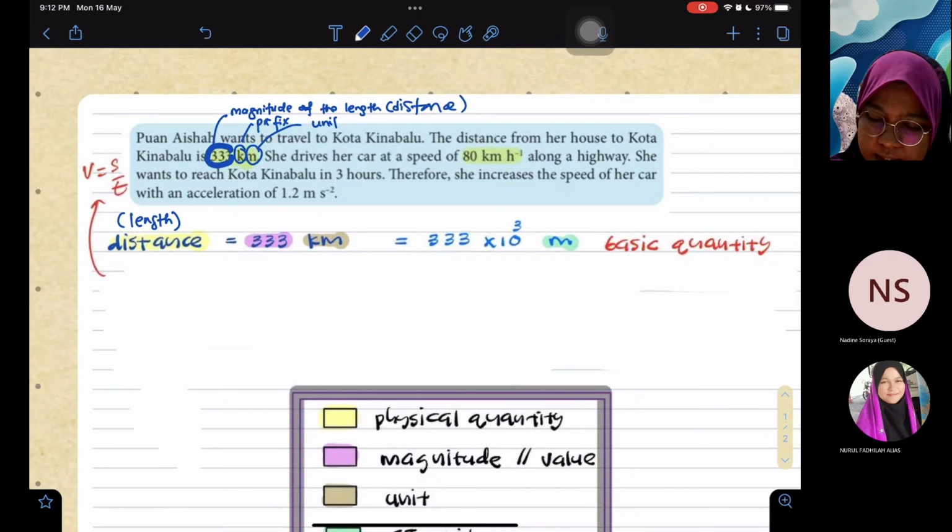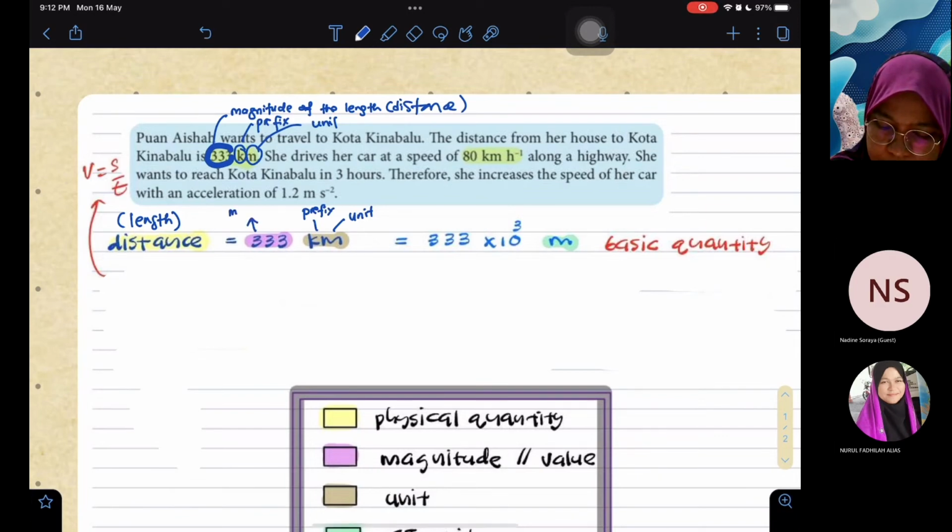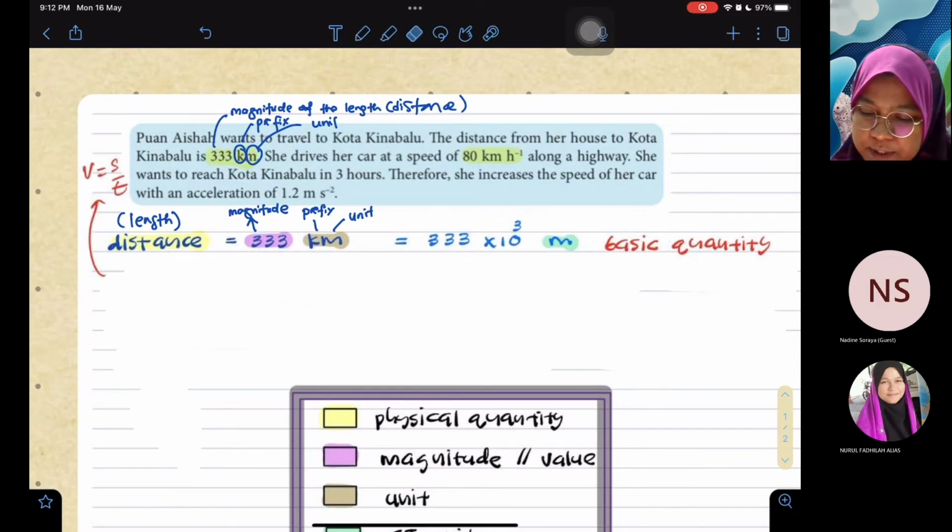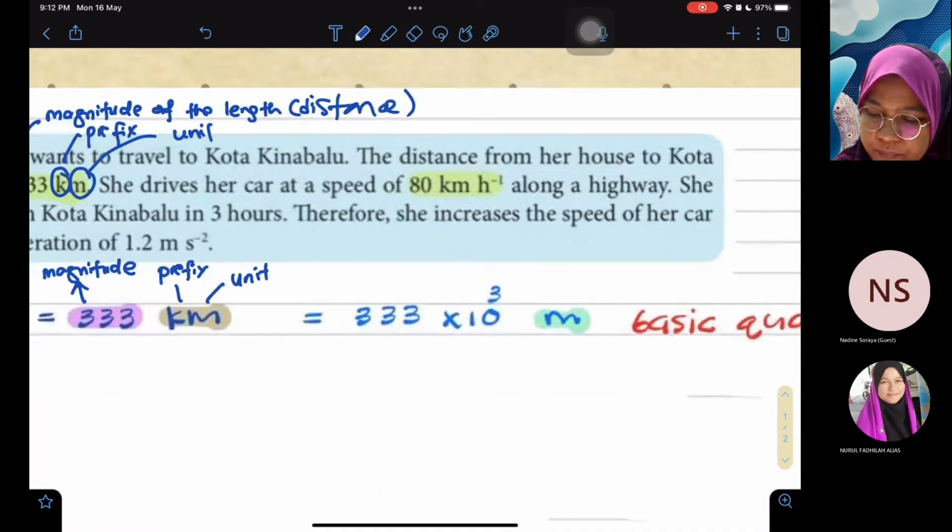Okay, yang ni adalah unit. Yang ni adalah prefix. Yang ni adalah the magnitude. So back to my question earlier on. So what is magnitude? Jadi kalau you tengok saya buat 333 tu adalah magnitude. Sini pun sama, ni ada magnitude ni. So 80 is the magnitude.